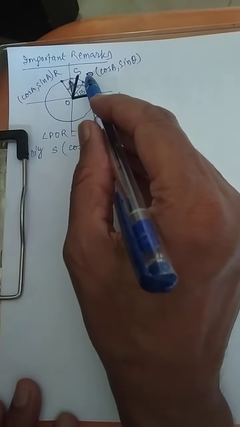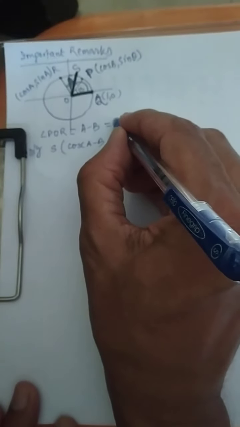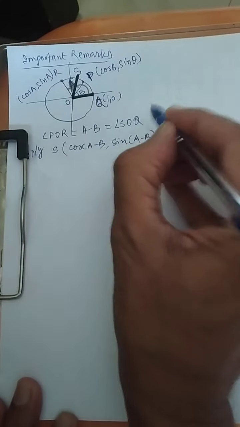This POR is also A minus B and SOQ also A minus B.